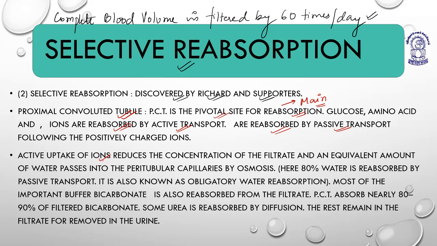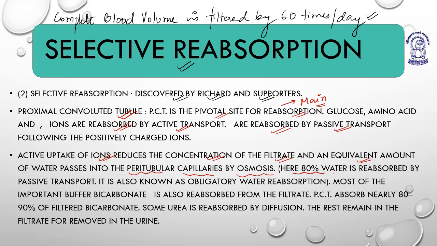Active uptake of the ions reduces the concentration of the filtrate, and an equivalent amount of water passes into the peritubular capillaries by osmosis. This is a very important point, to maintain the charge electrically neutral.